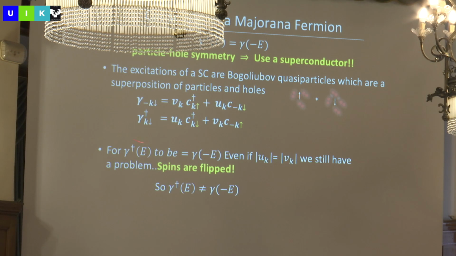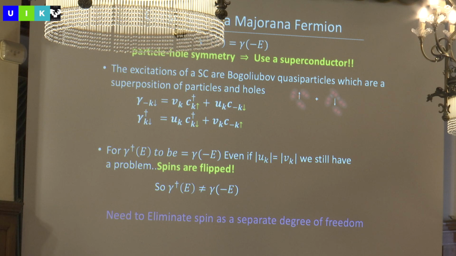One thing you have to realize is that if you have an S-wave superconductor where spin is a good degree of freedom, then your Bogoliubov quasiparticles have little arrows here which carry the spin degree of freedom. And so if you want your creation and annihilation operators for these Majorana fermions to be the same, you have a problem, which is that the spin degrees of freedom don't cooperate. The spins are actually flipped if you want this to be equal to this.